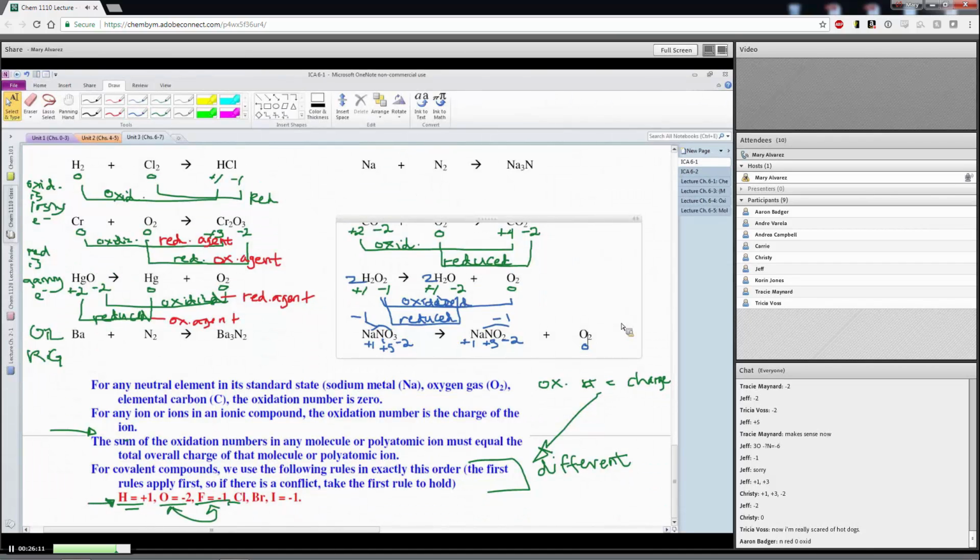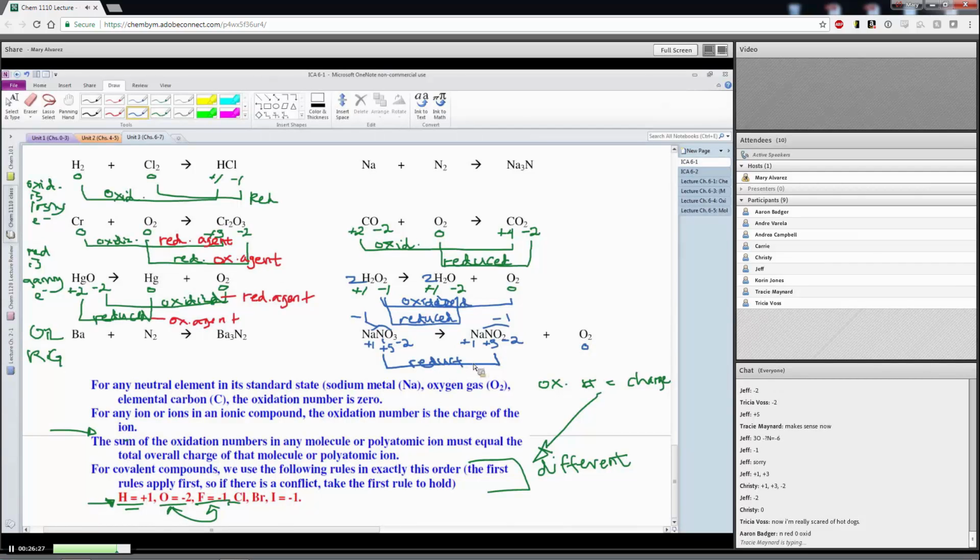Okay, Aaron says nitrogen was reduced and oxygen was oxidized. So my nitrogen went from +5 to +3. Sure looks like the charge went down to me. It must have gained electrons, and that is reduction. And this oxygen, now hang on a second, there's more than one oxygen, right?